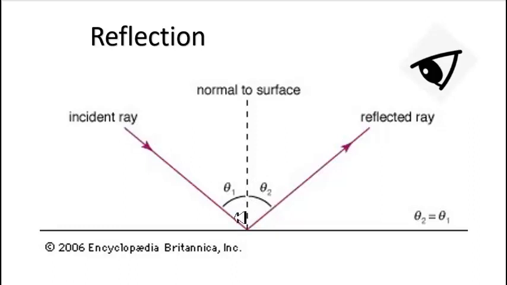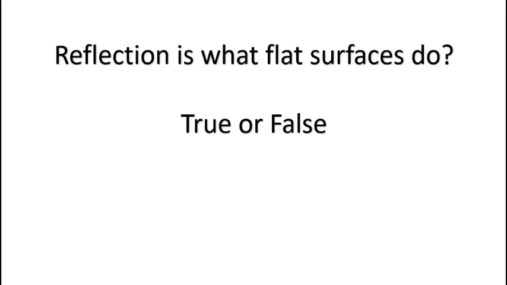So the angle of incidence, this angle here, is equal to the angle of reflection, this angle here. That is the law of specular reflection. So that is not ambiguous. This is a term and a definition that I would choose for my language. But here is where the misconception comes in.